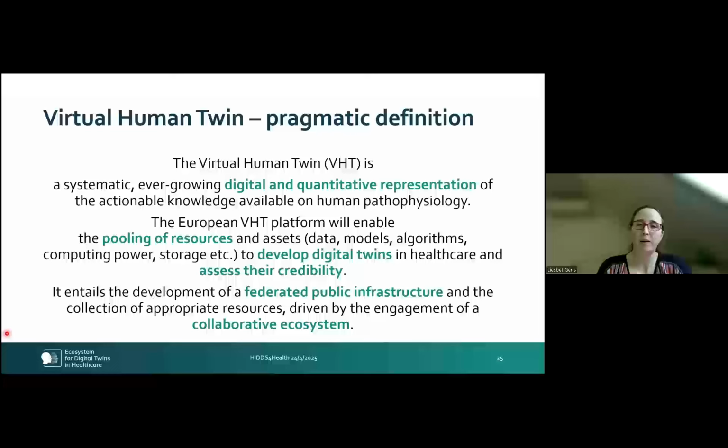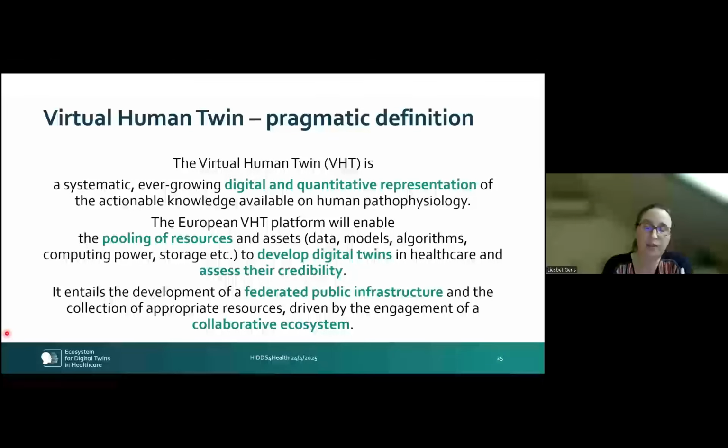It should contain a European platform that will allow pooling of resources and assets. And in this case, resources and assets are data sets, models, algorithms, compute power, storage capacity, essentially taking the community and connecting them to everything that they would need in order to develop digital twins in healthcare and to assess also their credibility, because that's essential in order to make the last step towards the clinic.